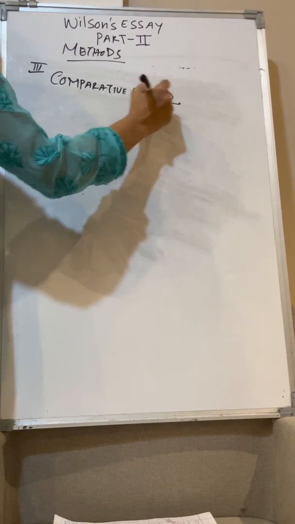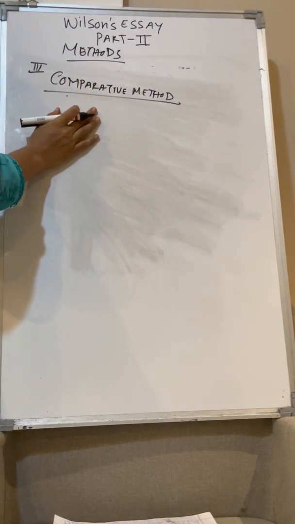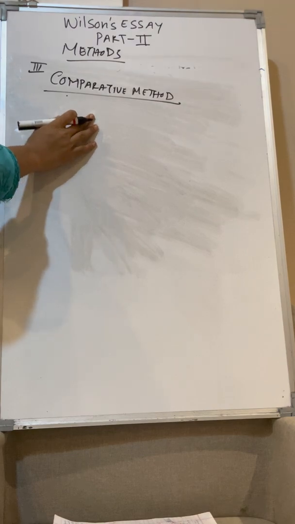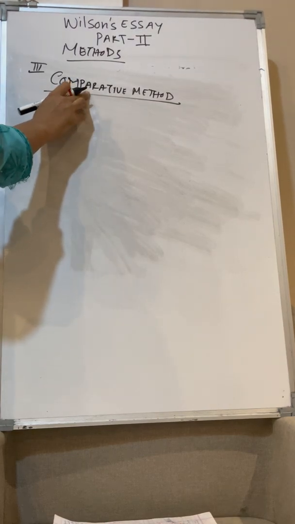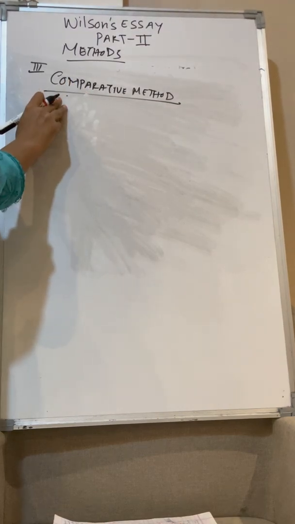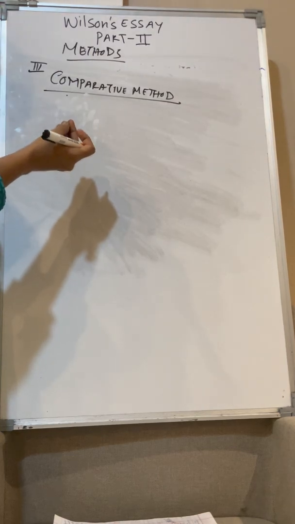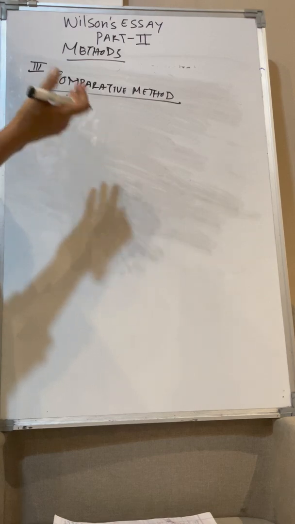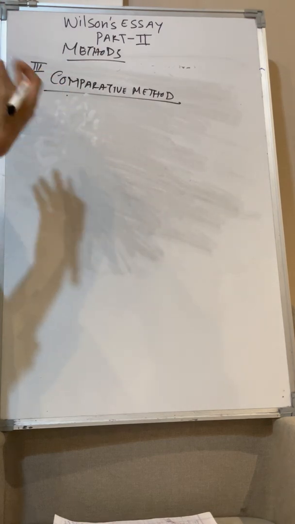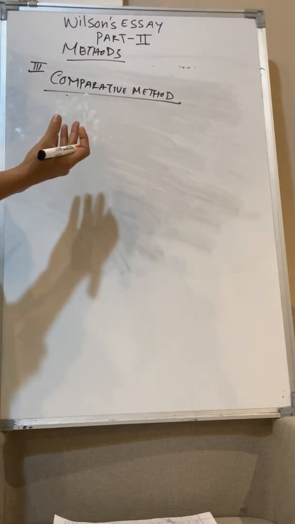And in the entire essay, he explains how it is beneficial for us to follow this method of study. Here he says that until and unless we compare ourselves with others, we do not get to know what our good points and our bad points are.